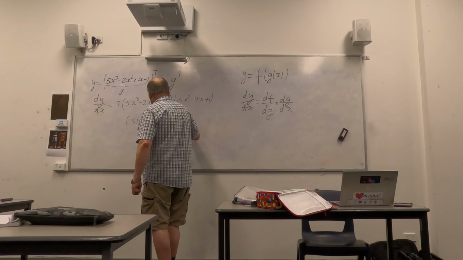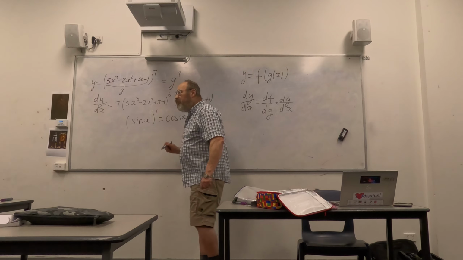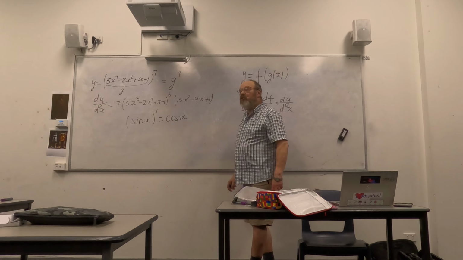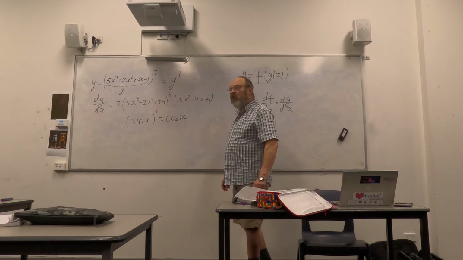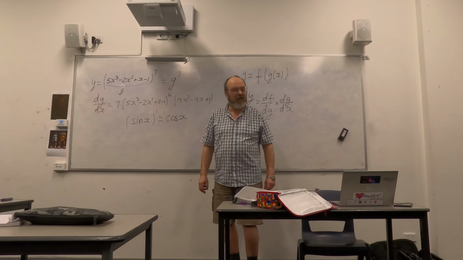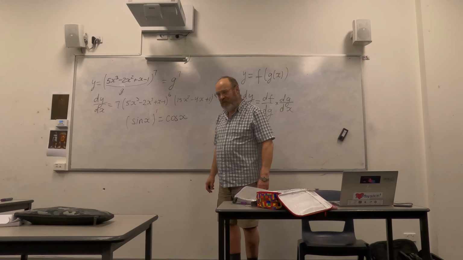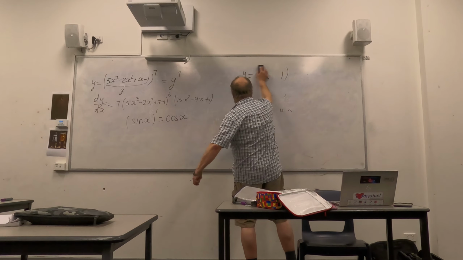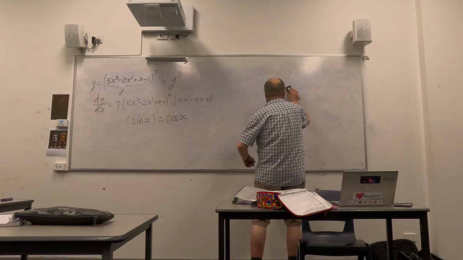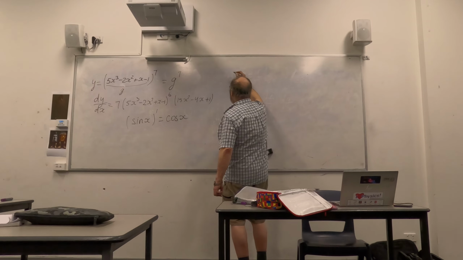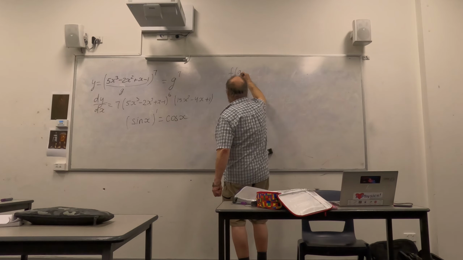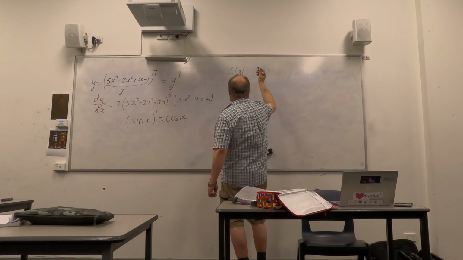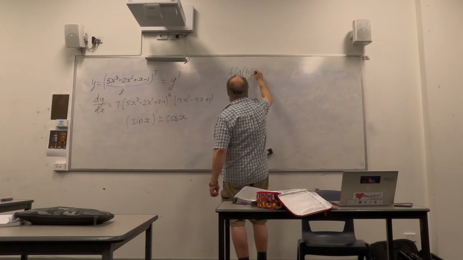It's cos x. That you will learn next year. But let's consider now a function of a function of a function. We will have a triple, so we will have f of g of h of x.